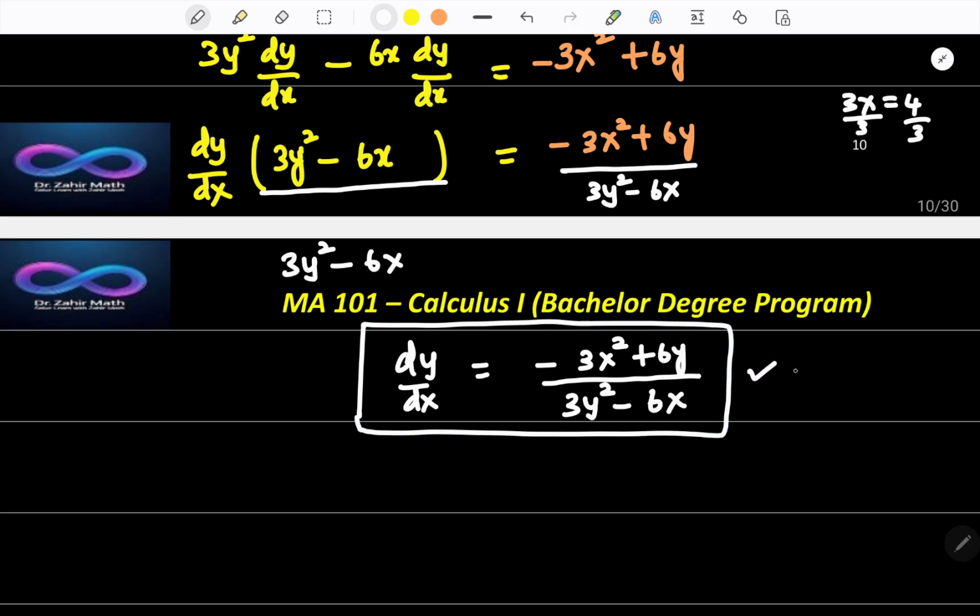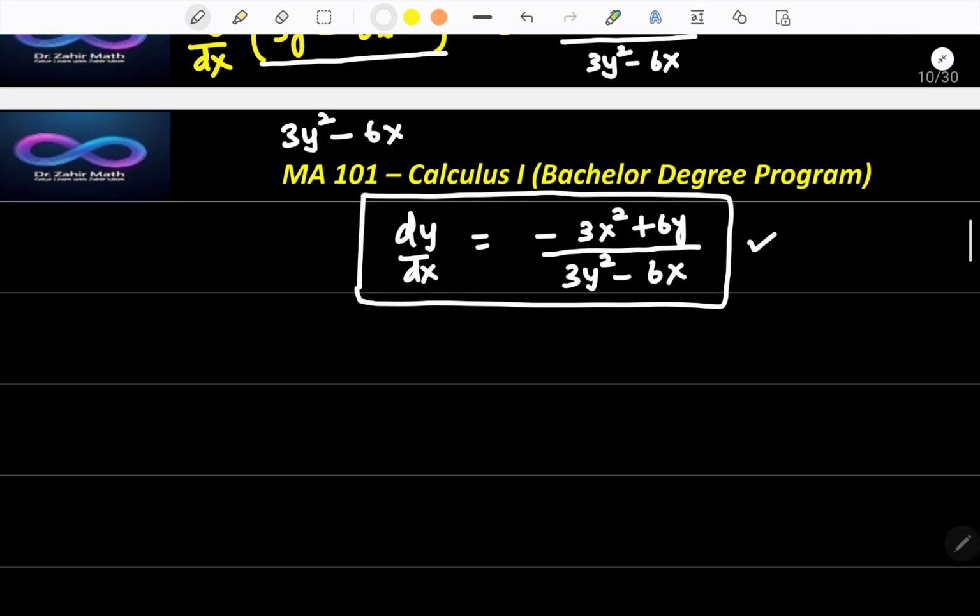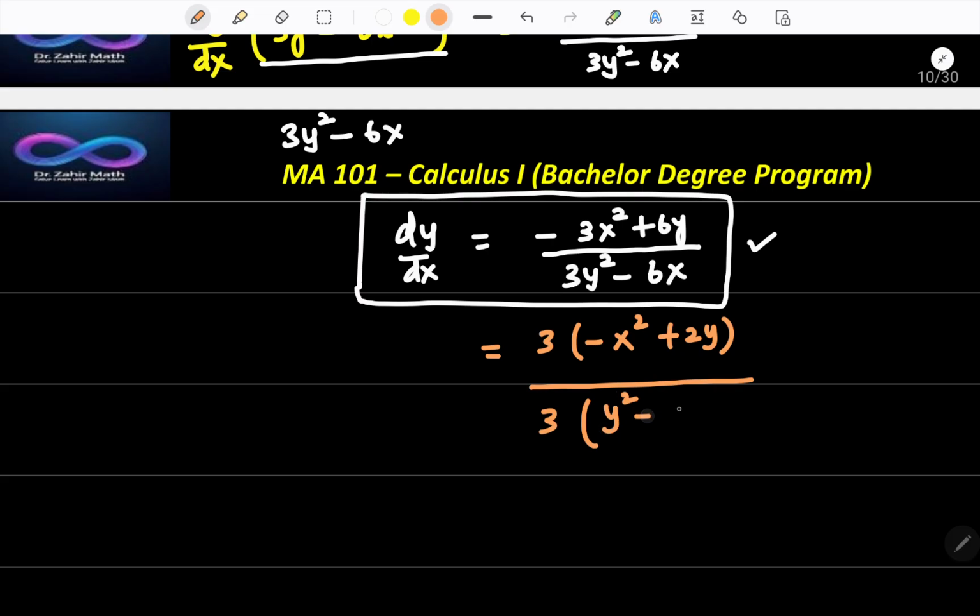Is this my answer, teacher? Yes, but still you can simplify. Can you see the number 3 and 6? Yes. So I'm going to take the common factor here. I can take 3 out. If I take 3 out, minus x square plus 2y divided by, if I take 3 out, y square minus 2x.